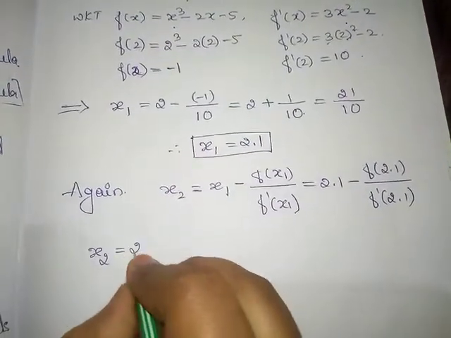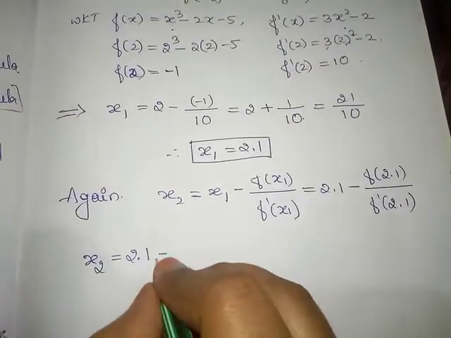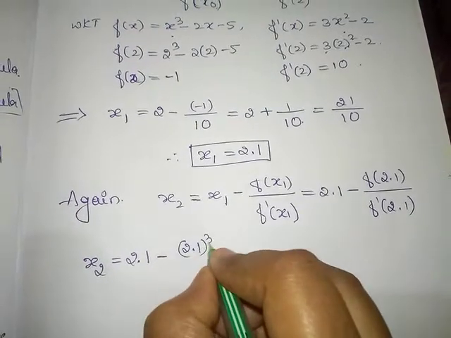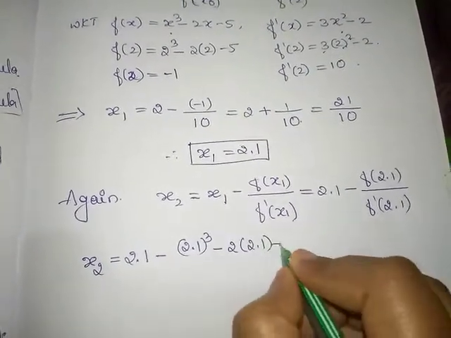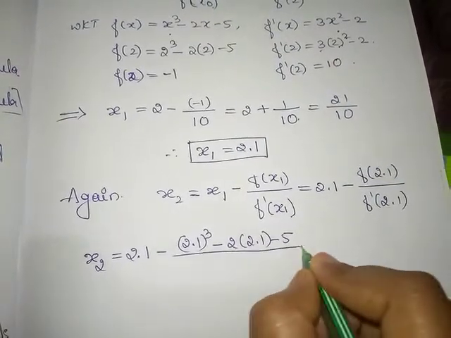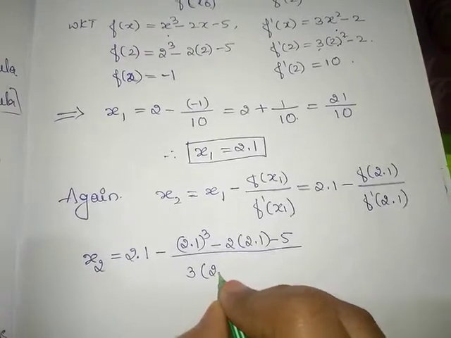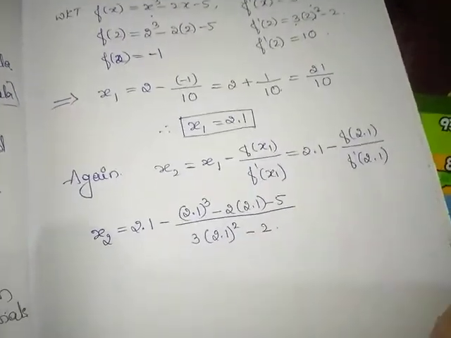Next is 2.1 minus, here I will write 2.1 whole cube minus 2 into 2.1 minus 5 divided by 3 into 2.1 whole square minus 2.